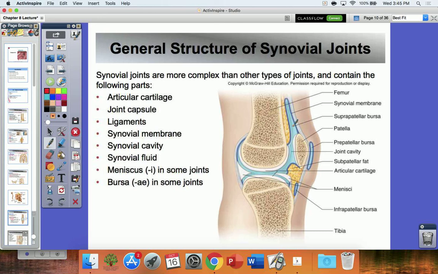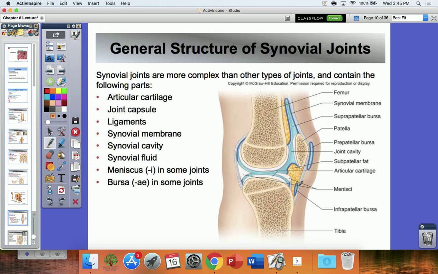We also have a meniscus, or menisci, and the meniscus is this area right here. It's a kind of padding to help with cushion as well, especially in joints that are very complex. And then we also have bursa. We have a bursa here, and another bursa here, and this is actually the knee joint this picture is showing.